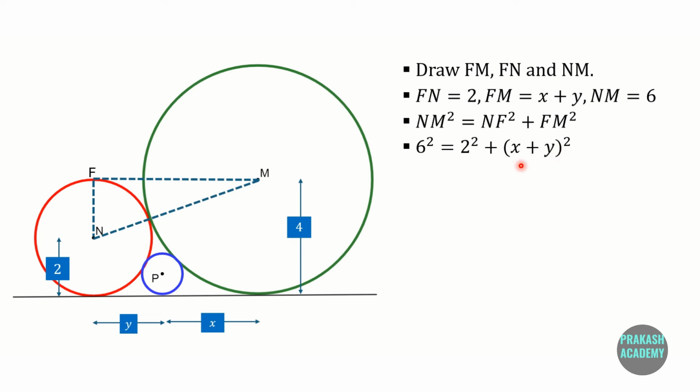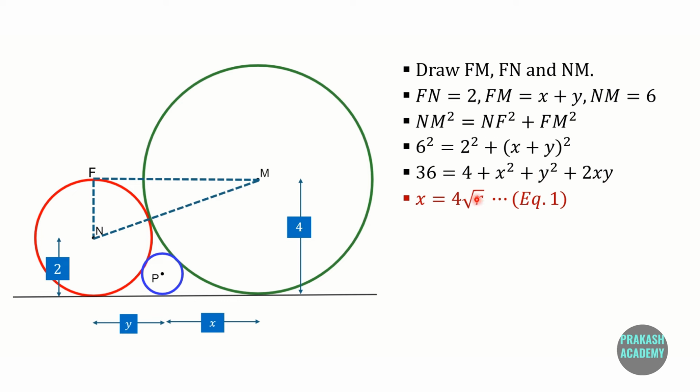And now I can expand x plus y whole square, which is x square plus y square plus 2xy. So 6 square is 36, 2 square is 4, and this is x square plus y square plus 2xy. So now I can take this side, so this will become 32. So x square plus y square plus 2xy is equal to 32.